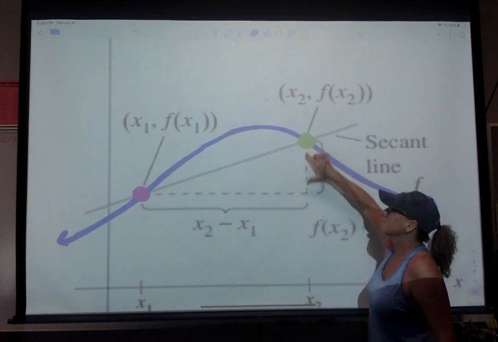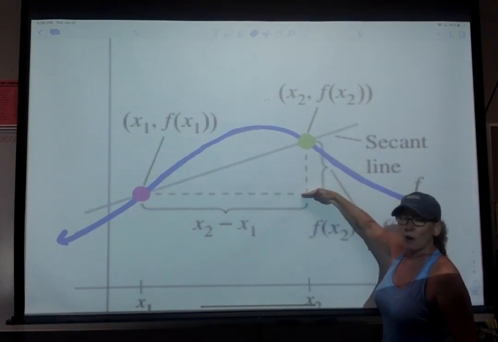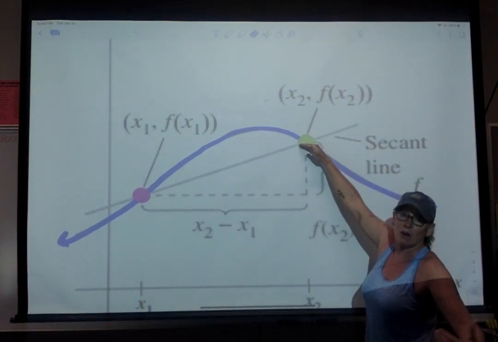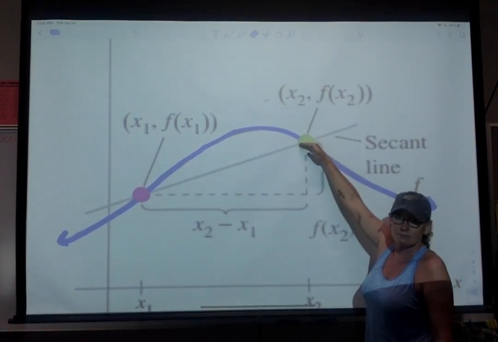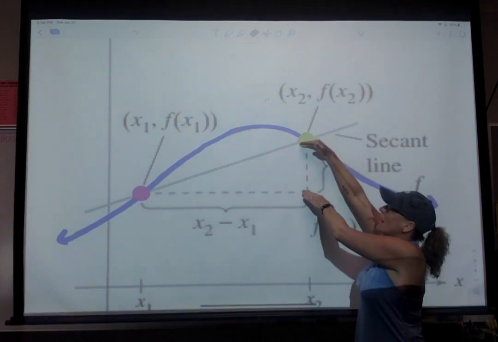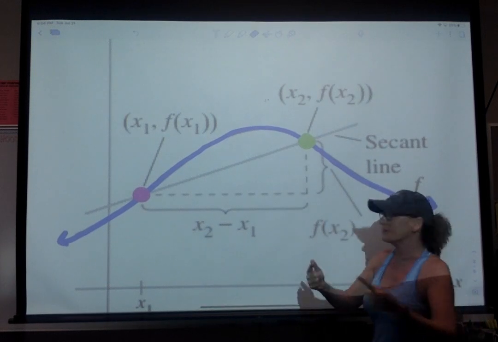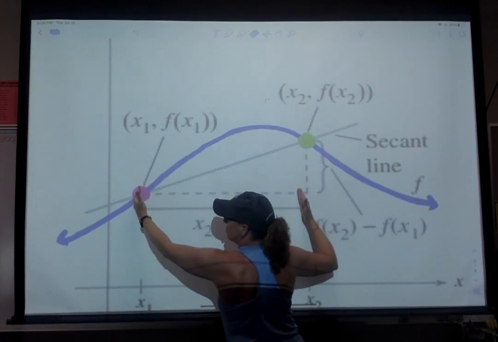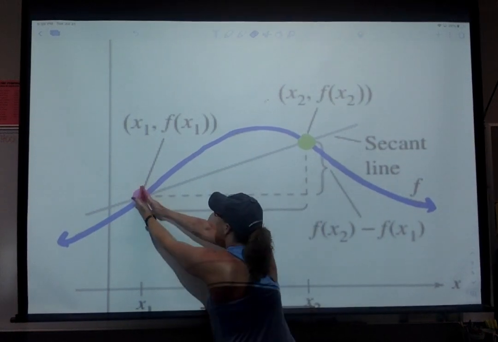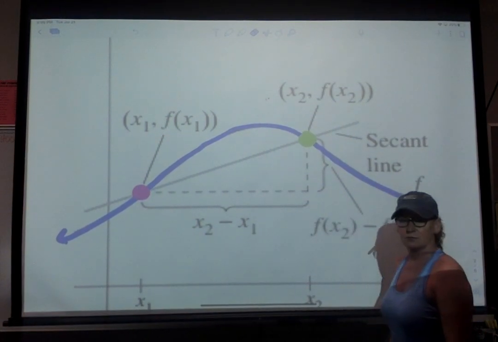You know what that is? From this y level to this y level, that's the change in y. For average rate of change, how much did y change when you compare it to how much x changed? Because from here to here, that's how much x changed.